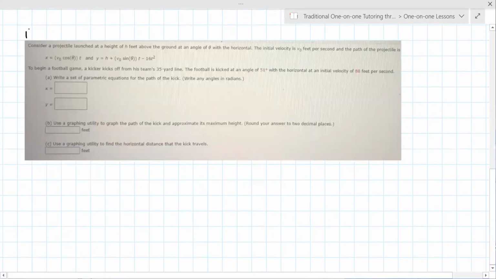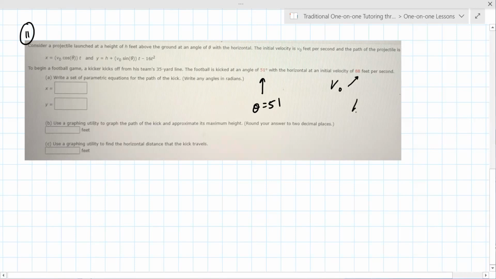Okay, so this is 11 here. It says consider projectile launched. If you've taken physics, some of these equations might look familiar. To begin a football game, a kicker kicks off from his team's 35-yard line, and the angle, so that's your theta, is 51, and your V0 is 88 feet per second.